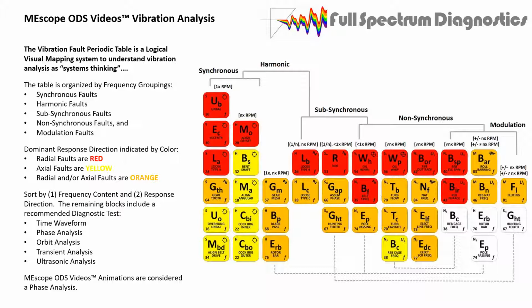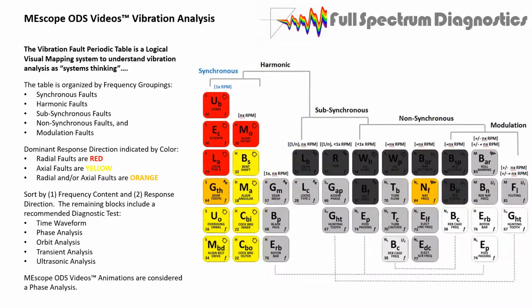Okay, and MEscope is built for that: modal analysis and operating deflection shape. And here are the faults that stick out for doing ODS and modal. We've talked the last few months about a lot of these: bent shaft, cocked bearings, and what have you. The natural frequencies are over there. So can MEscope ODS videos do modal analysis?